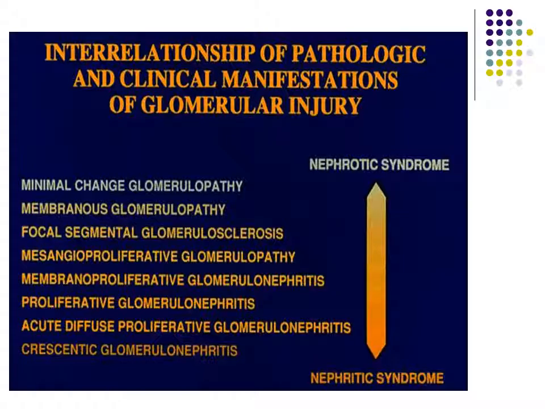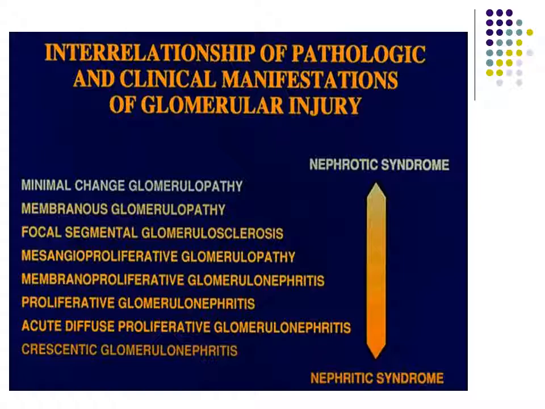So these features, like nephrotic syndrome or nephritic syndrome, are like a spectrum of diseases. These are just the clinical presentations. This is not disease specific as such. This is just a clinical or morphological presentation.